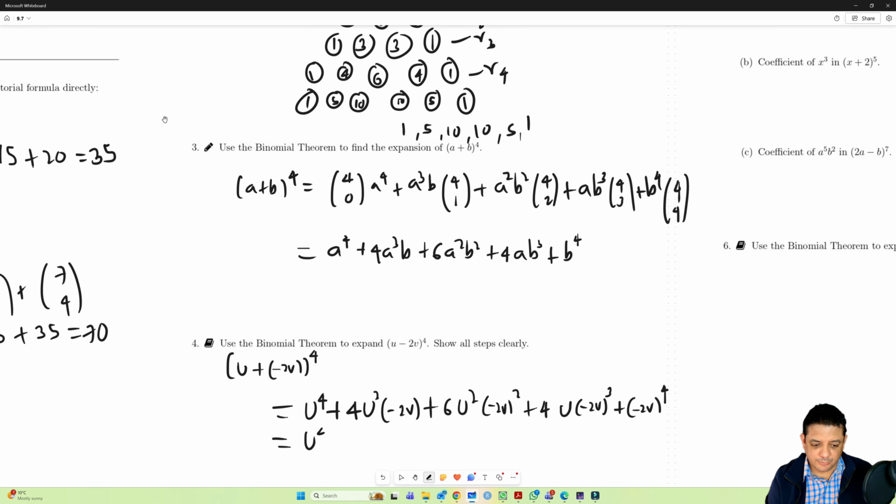That'll be u to the 4th, and then here we multiply, we get minus 8b u cubed.